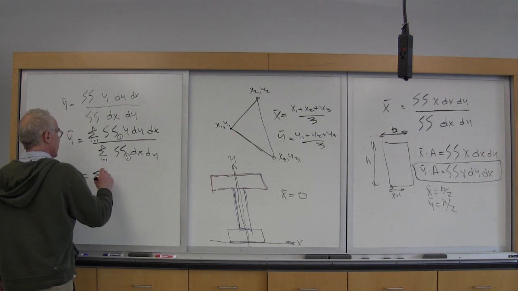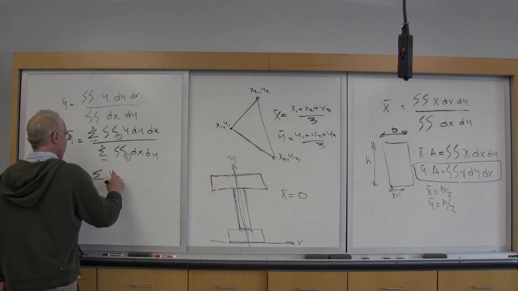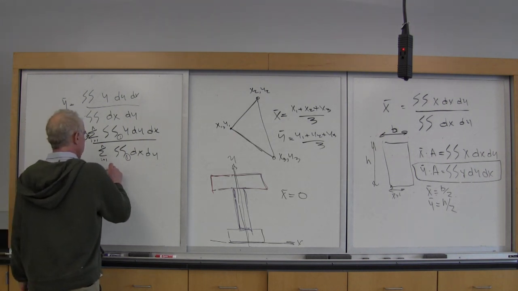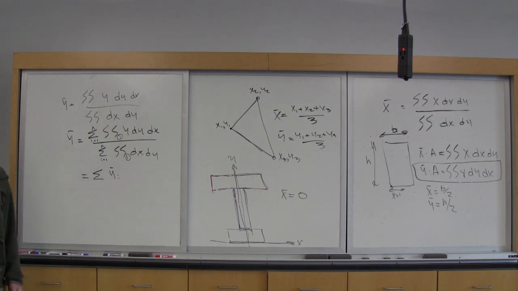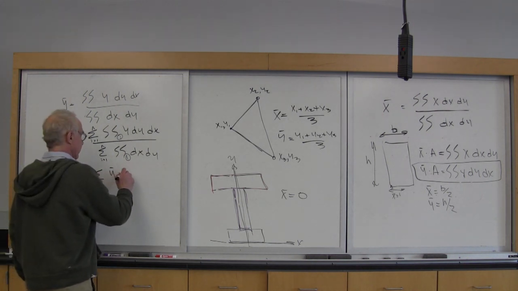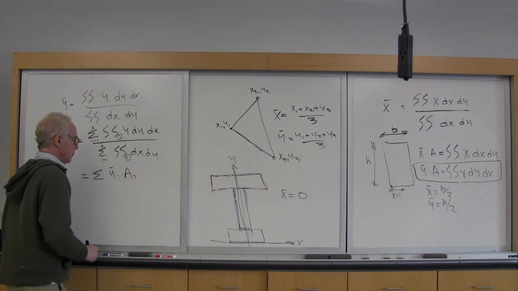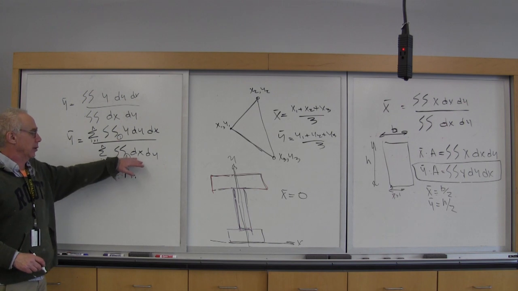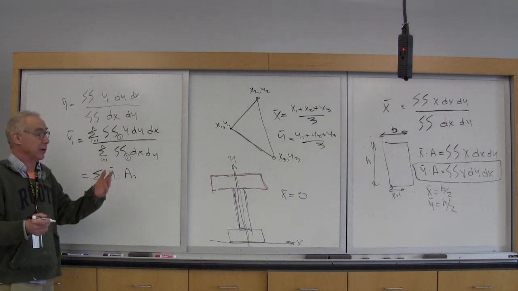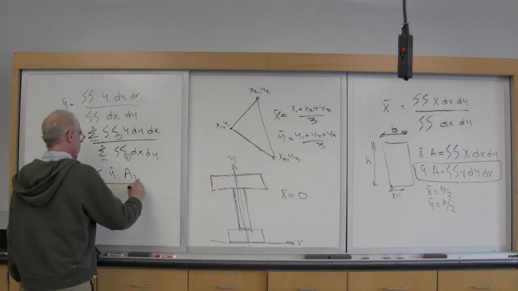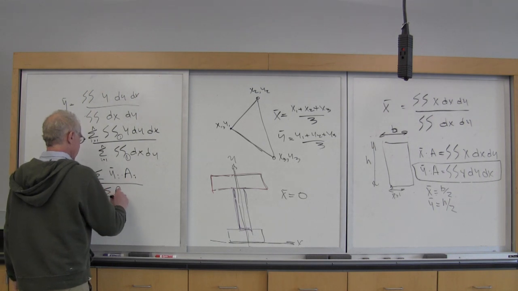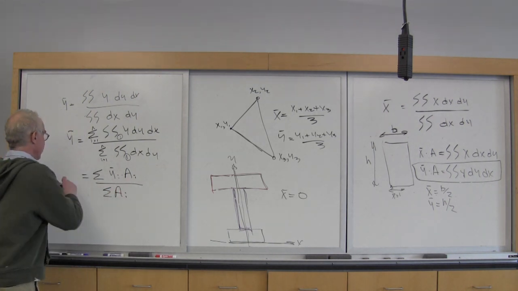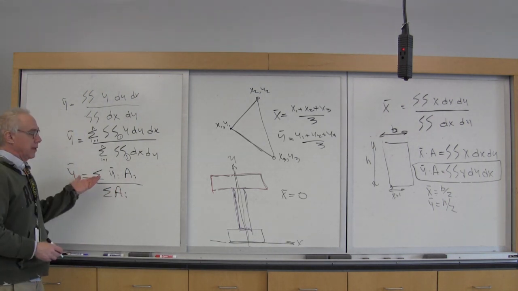We're going to have a summation of y i centroid, so in other words, the centroid of each one of those components times its area. And in the bottom here, the double integral of dx dy is simply the area. So we have the summation of the areas. Okay, so this is really easy. Now we can do this very easily.